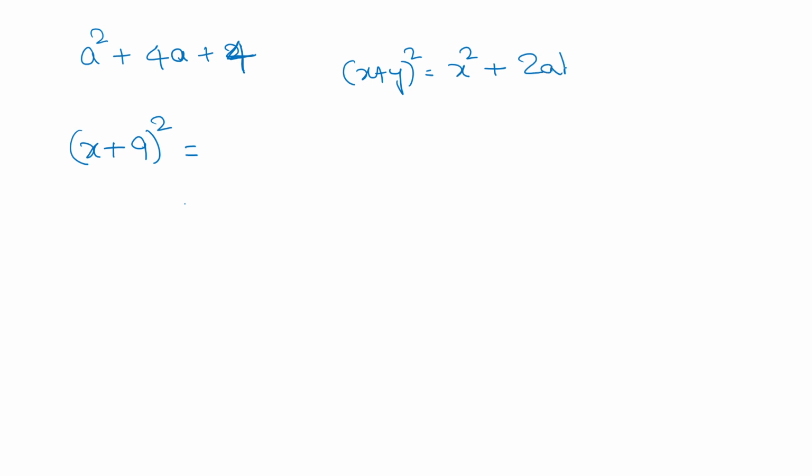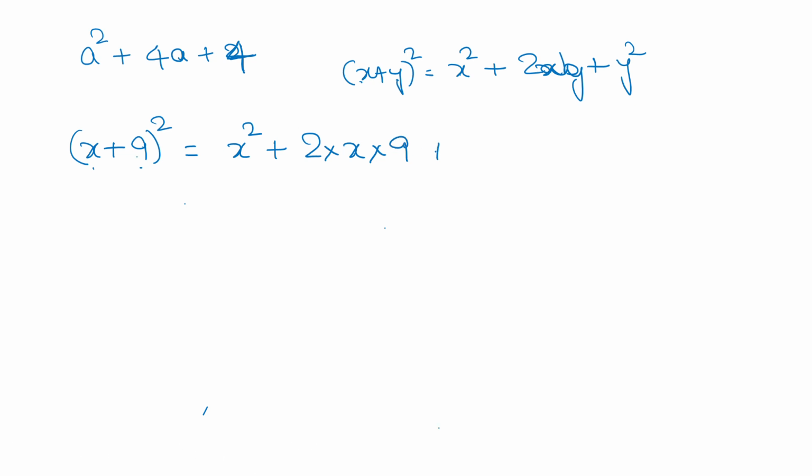Before that, let me explain: if you have x plus 9 whole square, using our algebraic identity x plus y whole square, which is x square plus 2xy plus y square, here x is in place of x and 9 is in place of y.